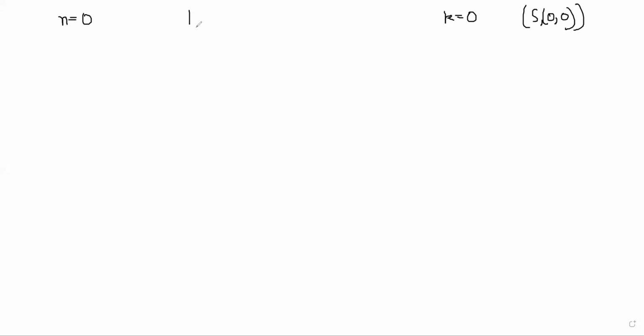So I will substitute the value of k here in a bracket like this, right? Now, if n is equal to 1, the Stirling numbers will be 0 and 1, where k is equal to 0 here and k is equal to 1 here, right? Why am I putting it like this? I'm going to make a pattern, just like Pascal's triangle that you might have seen. So I will illustrate that pattern shortly.